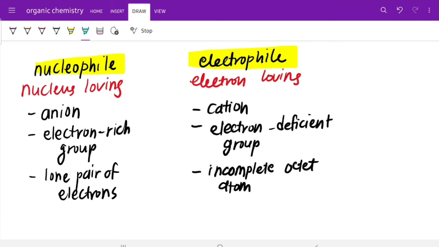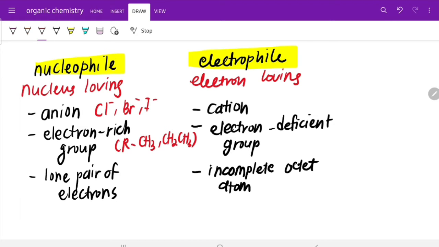A few examples of nucleophiles are chloride ion, bromide ion and iodide ion for the anions, whereas the electron rich groups are alkyl groups, including methyl, ethyl and so on.